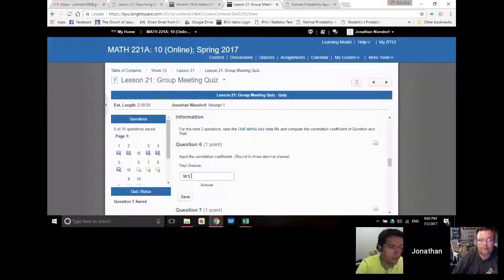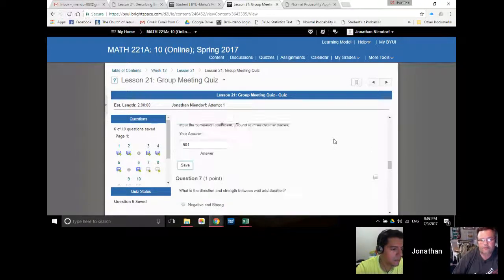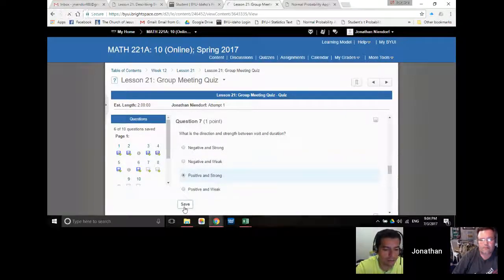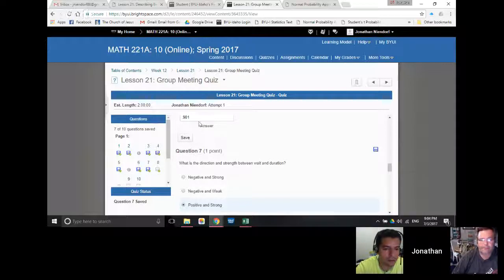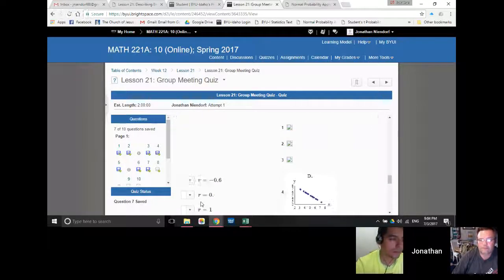Yeah, 0.901. What is the direction and strength between weight and duration? It is positive and strong. That would be the third answer.